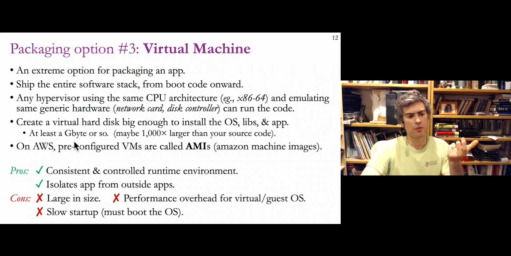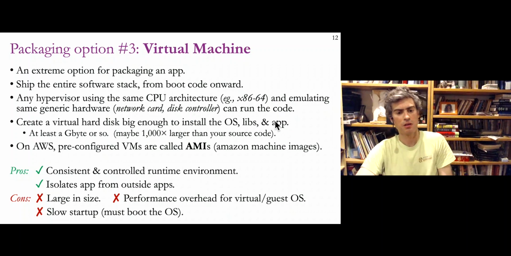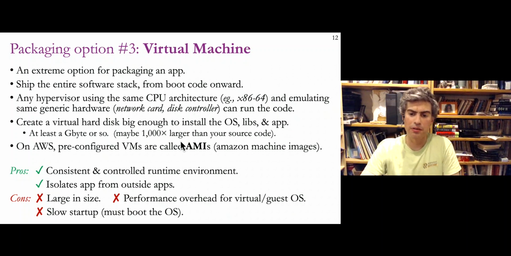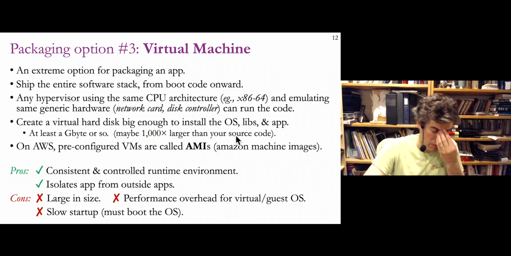The virtual machine image is basically a copy of a virtual hard disk that's big enough to install the operating system, all the libraries that are needed, all the software that has to be installed, and then the application itself that your company has developed. So this is going to be a lot bigger than the source code and the application itself because of all the operating system stuff installed along with it, probably not all of which is even going to be used, right? So it's kind of bloated.